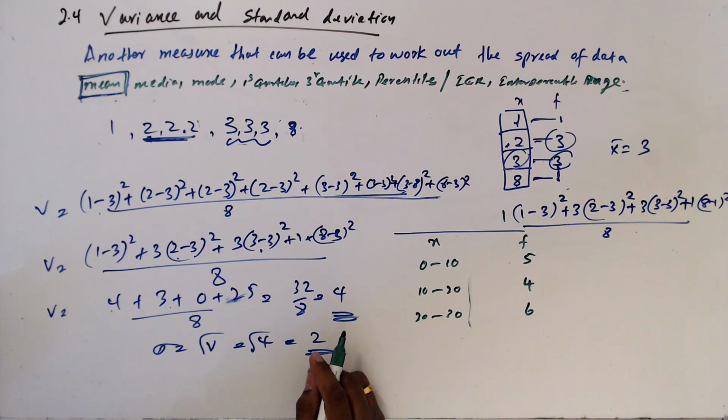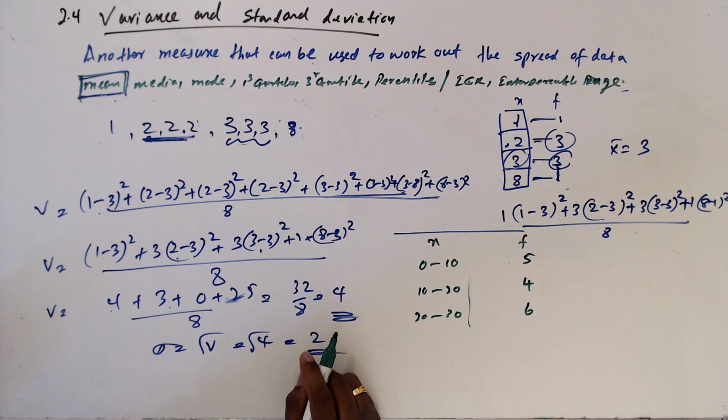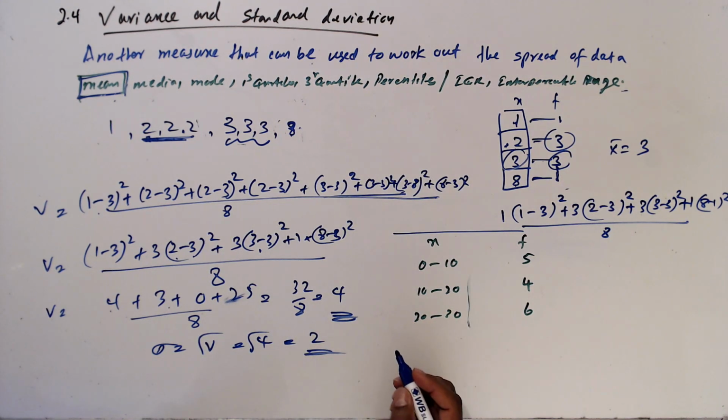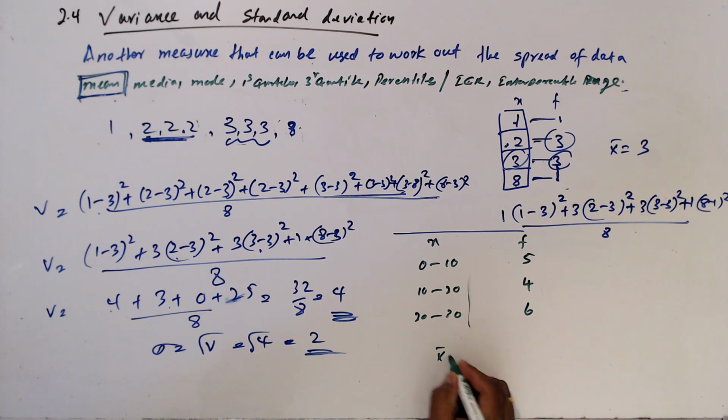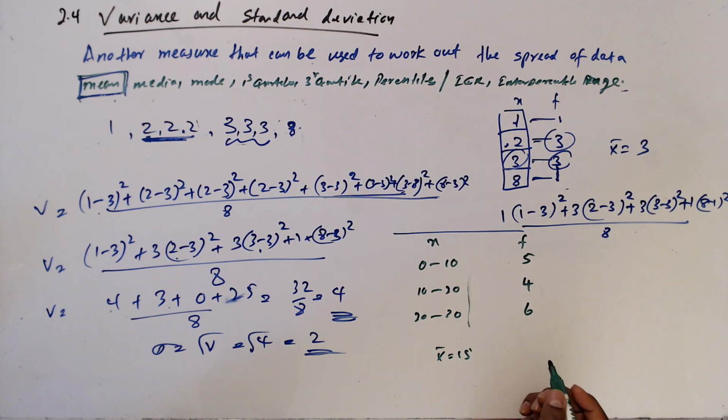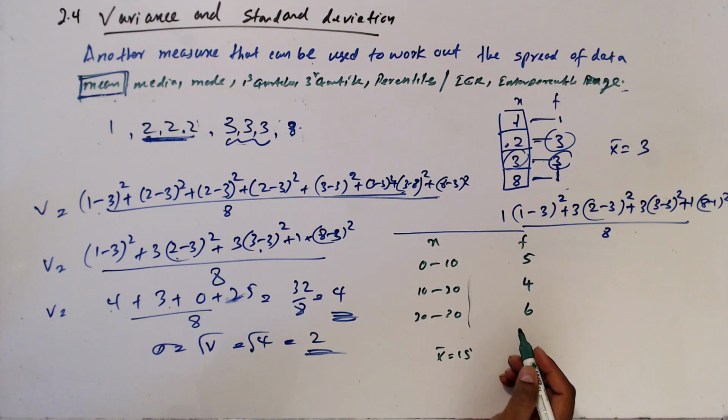Now how do you find the standard deviation? I found out here x bar is 15 approximately. Now how do we find the x values? We don't have x values.